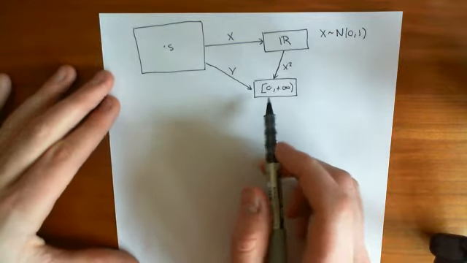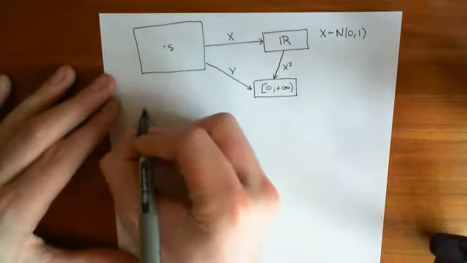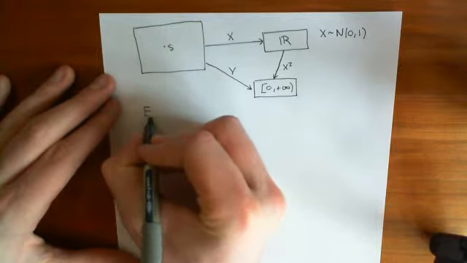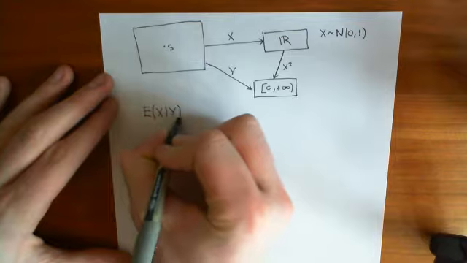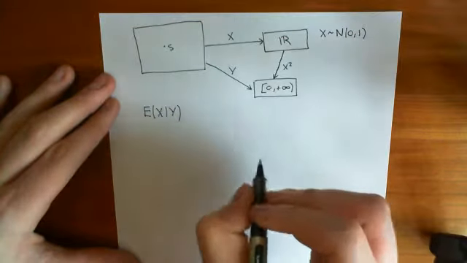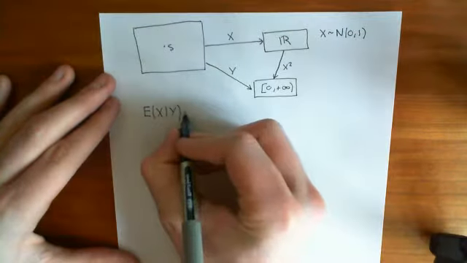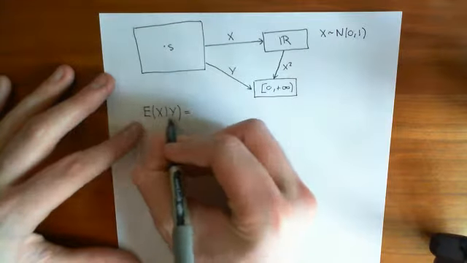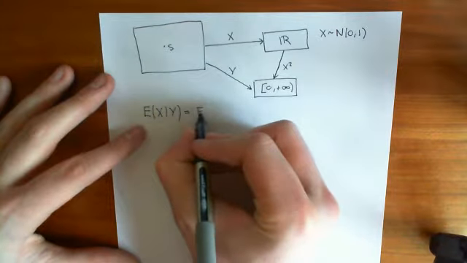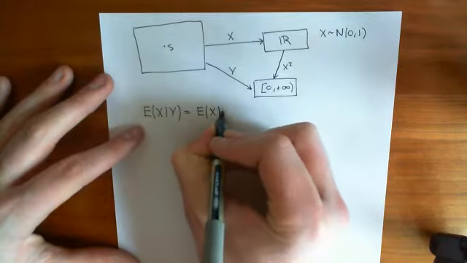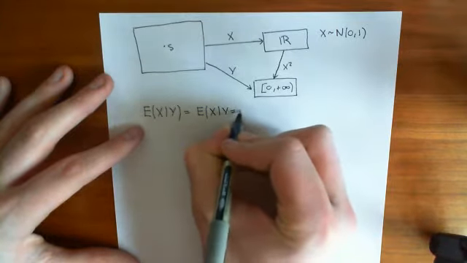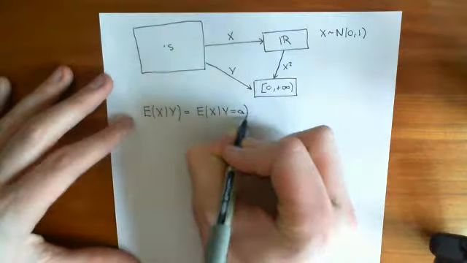Now what we want to do is calculate the expected value of the random variable x given y. And remember, we're going to think of this in the end as being a random variable, but in essence it's no different from saying we're going to look at the expected value of x given that y is equal to some little value a.